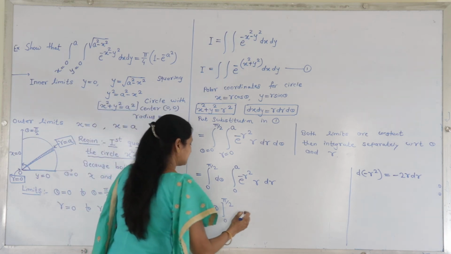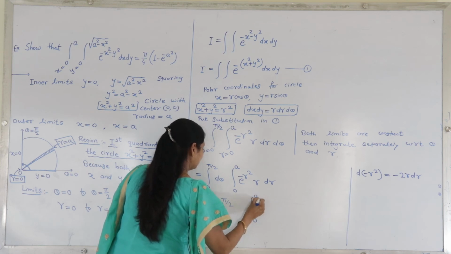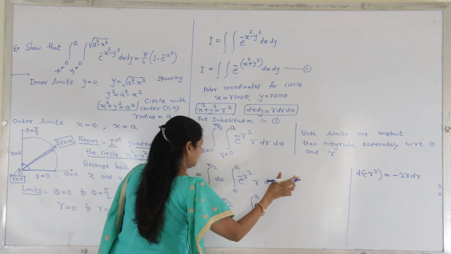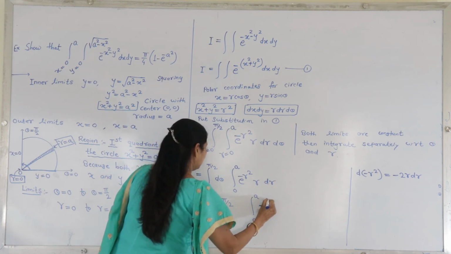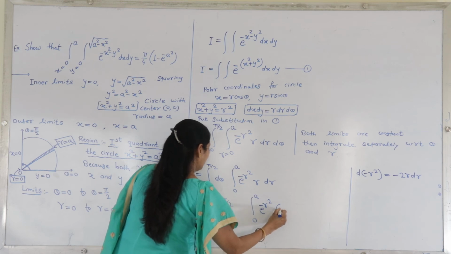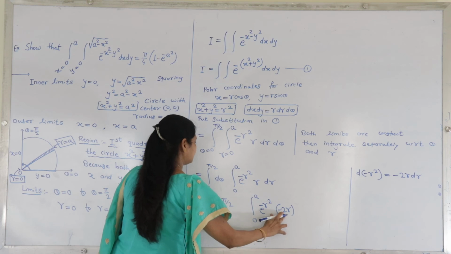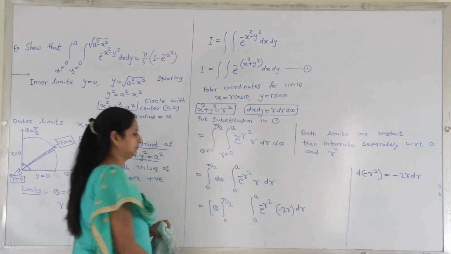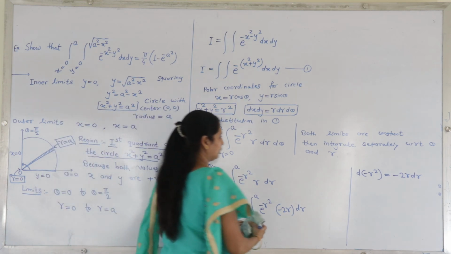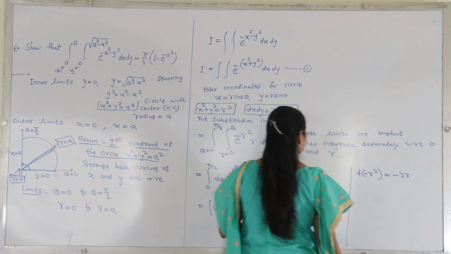Now in this integration we have to just take an adjustment, that is 0 to a, minus 2r is required, but e raised to minus r square, in the bracket we are taking, r is already present, we are taking an extra minus 2 and dr. Or the derivative of minus r square is minus 2r.